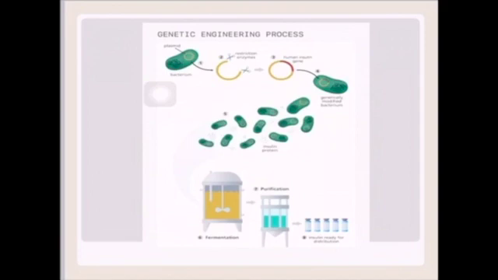Third, the gene for human insulin is inserted into the gap in the plasmid. This plasmid is now genetically modified. Fourth, the genetically modified plasmid is introduced into a new bacteria or yeast cell. Fifth, this cell then divides rapidly and starts making insulin. Sixth, to create large amounts of the cells.